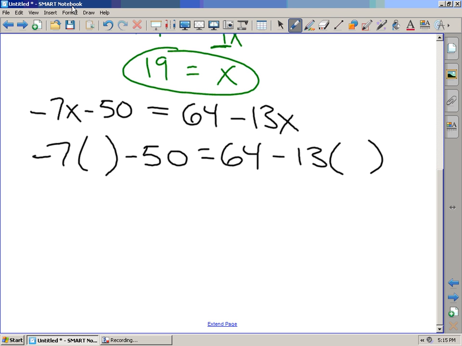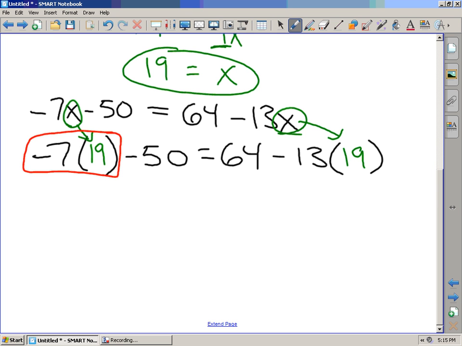And I'm going to substitute in for x a 19, because that's what we believe x is equivalent to. And then we simplify. Negative 7 times 19 equals negative 133. And then I rewrite the rest of the problem.